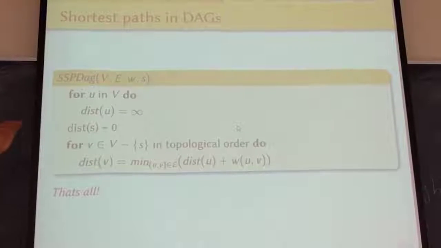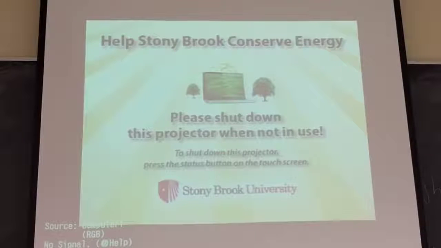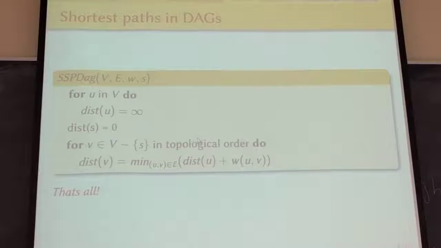So topological sorting is order of e, and single source shortest path is order of e, which is quite interesting, right? Because remember what we are doing here is computing the distance from s to every possible vertex, and all of that can be done in order of e time.